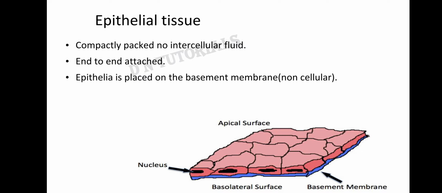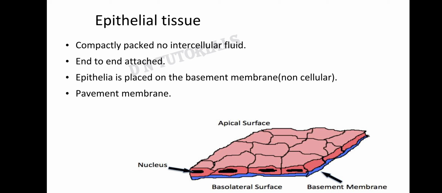If you look at this picture, the cells are arranged end to end and they just look like tiles. They are arranged in a specific pattern. Because of this pattern and because of no intercellular spaces, this tissue is also called the pavement membrane.